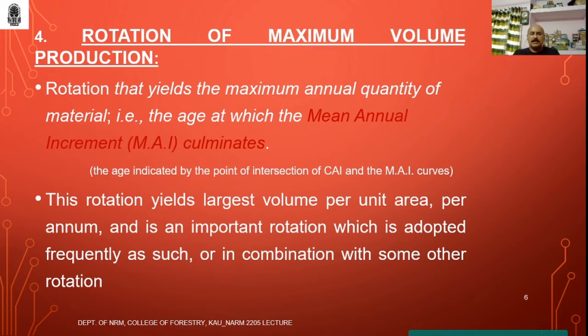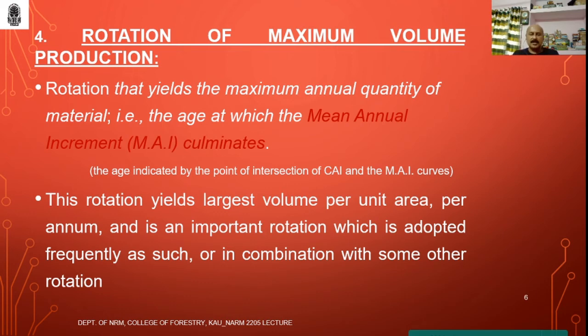Now, rotation of maximum volume production is more familiar to foresters, because that is what we usually follow with regard to all our even-aged plantations. Teak plantations are the classical example which follow the rotation of maximum volume production. It is this rotation that yields the maximum annual quantity of material. That is the age at which the MAI culminates, or the age indicated by the point of intersection of the CAI and MAI curves.